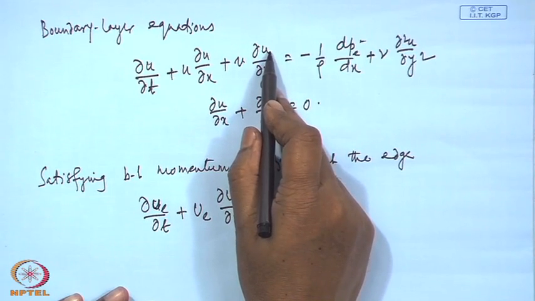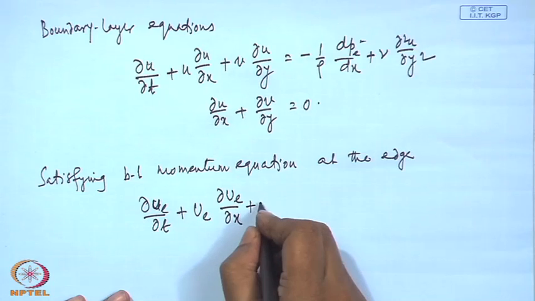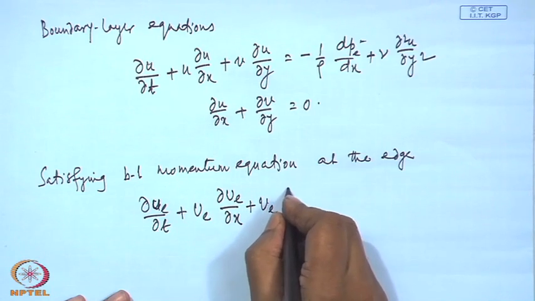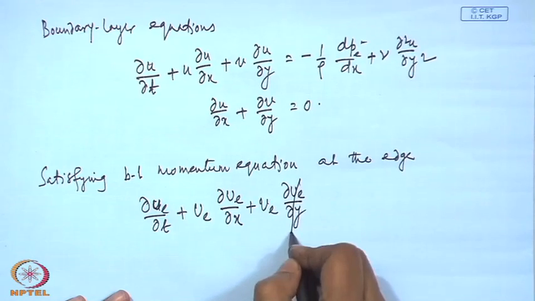We know that u e is not a function of y, u e is not a function of y. Okay. So, we can write it here v e, and this is 0.